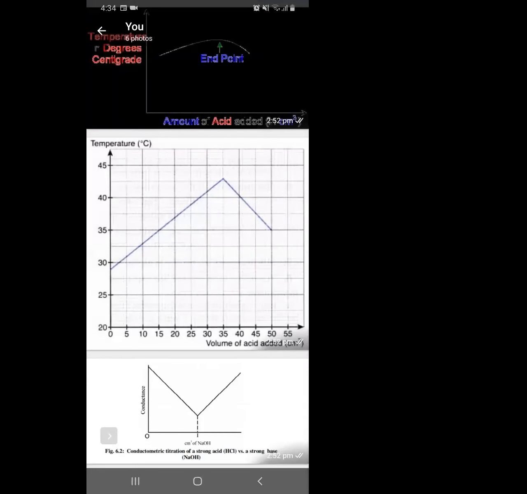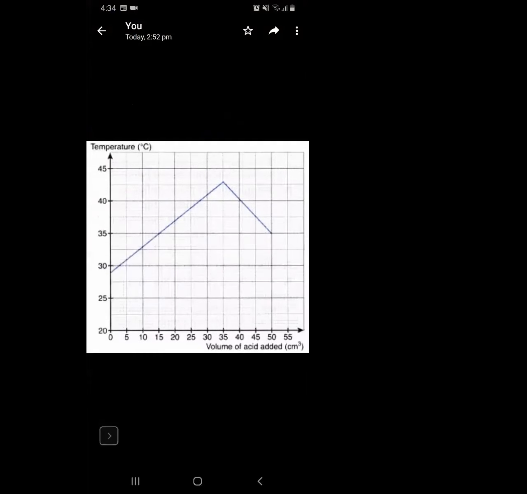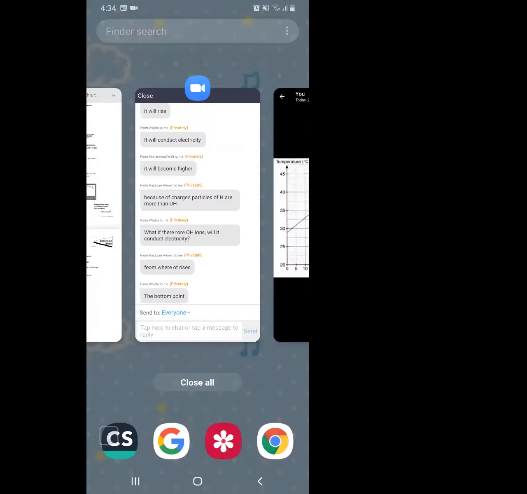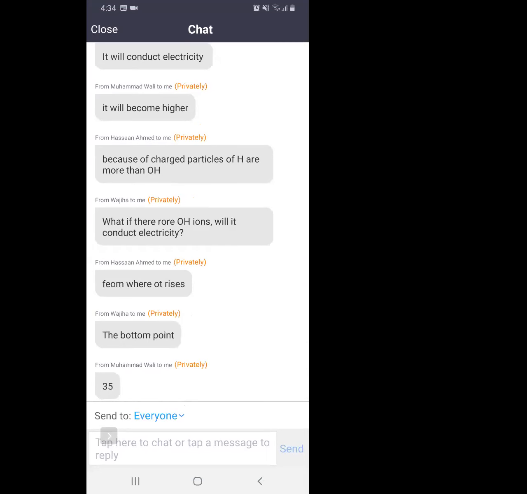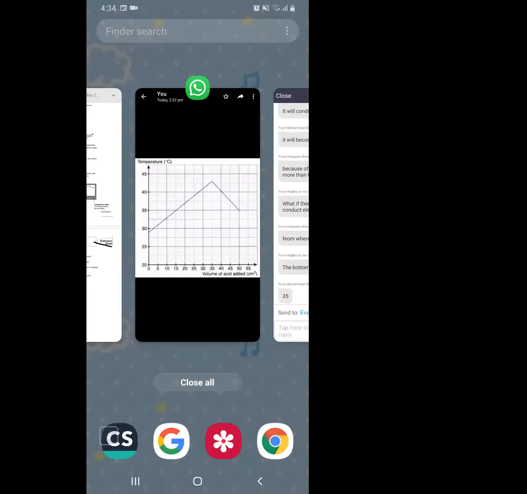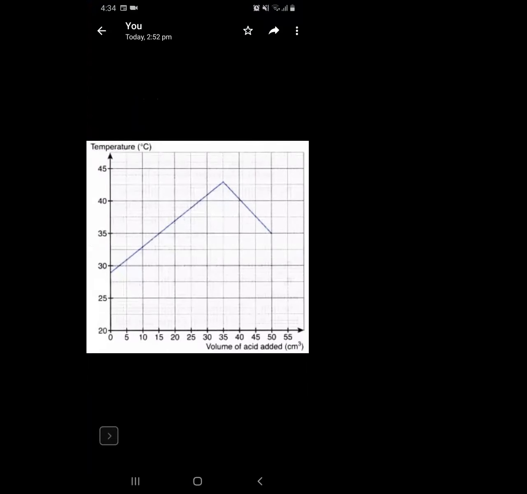Okay, what about this graph of temperature? Where is the exact point of neutralization on this graph of temperature against the volume of acid? Not 35, Hassan.